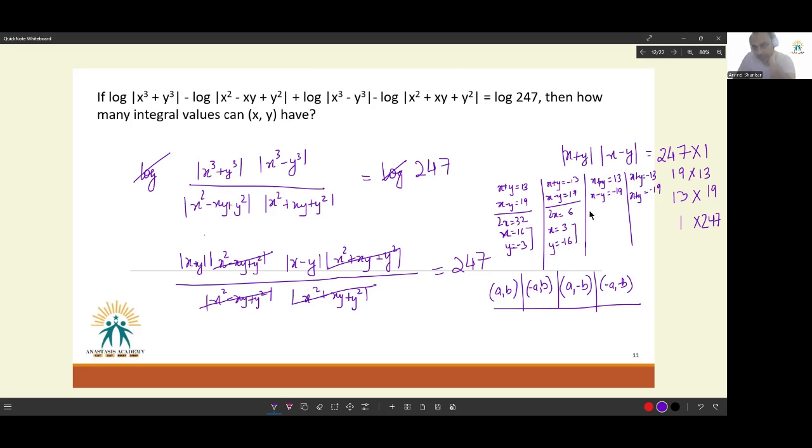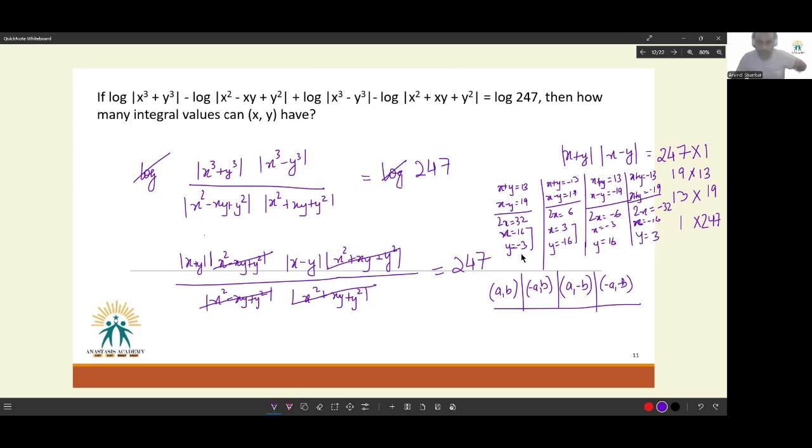Yup. From here, 2x is equal to minus 6. So x is equal to minus 3 and y will be equal to 16. And here, 2x is equal to minus 32. So x is equal to minus 16 and therefore y will be equal to 3.